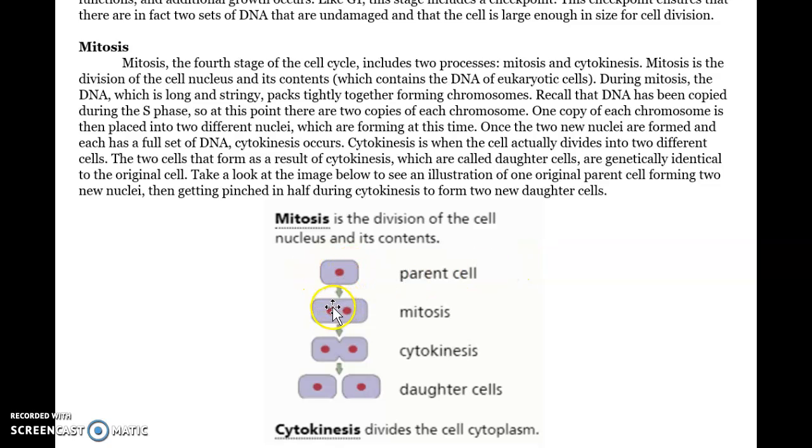We see that we are starting to split chromosomes, which are represented in these dark circles. These dark circles are moving to opposite sides of the cell, getting further and further apart. Then cytokinesis happens, where we start to split the cell in half, forming 2 cells. And these 2 cells are going to be exactly the same as the parent cell. So mitosis divides up the contents of the cell. Cytokinesis splits the cell.